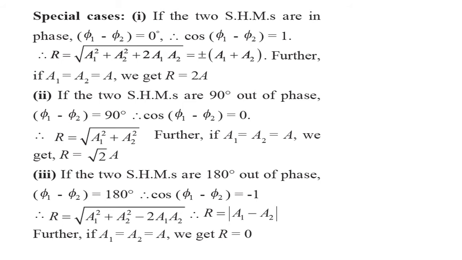This is as good as the expansion of (a1 plus a2) whole square, as per the basic identities that we have studied in 9th standard algebra. So we get the value of r as plus or minus (a1 plus a2), and this plus minus sign is an indication of whether you are going in the positive or negative direction.